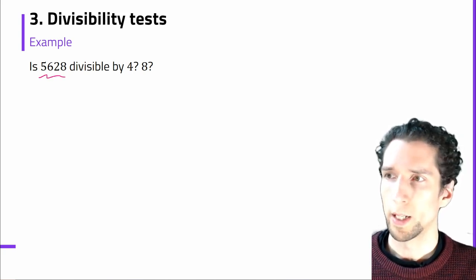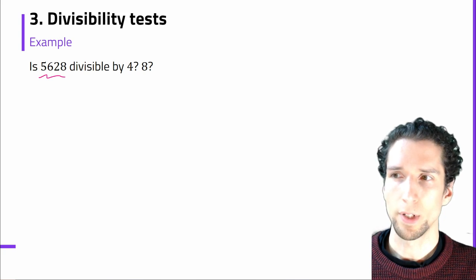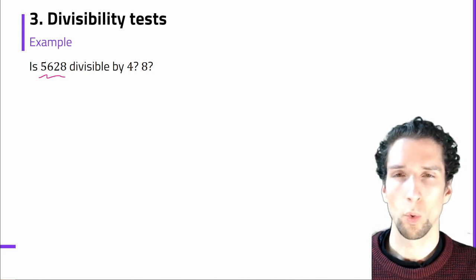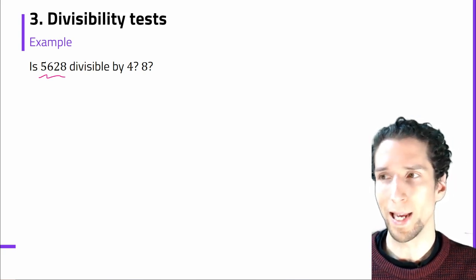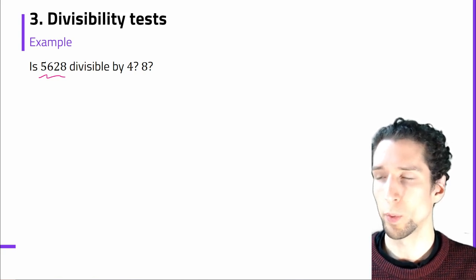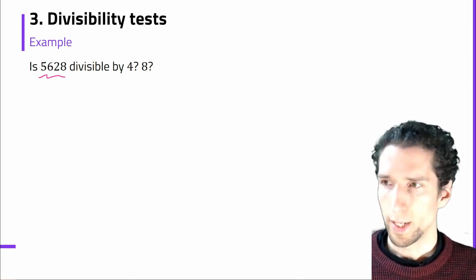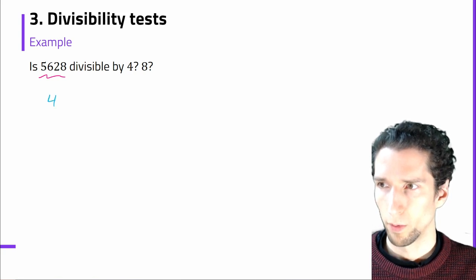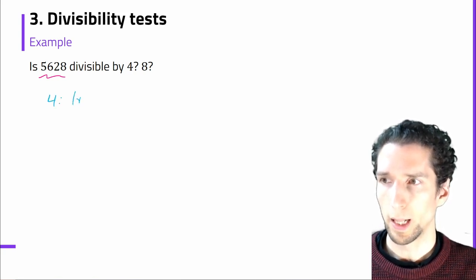So this number here, is it divisible by 4 or by 8? So 5,628. The test for 4 is that we look at the last 2 digits.